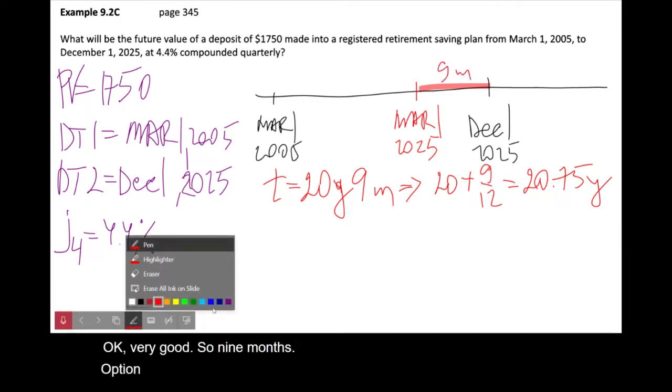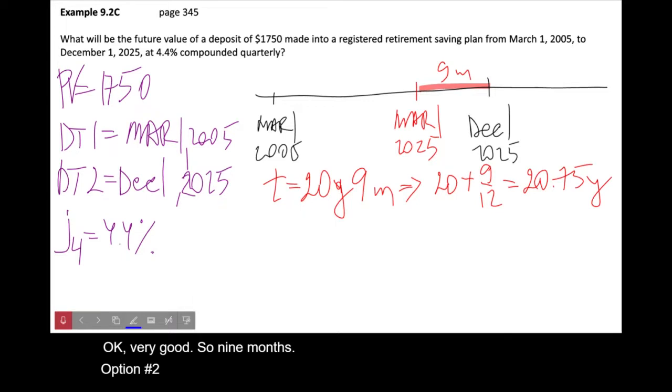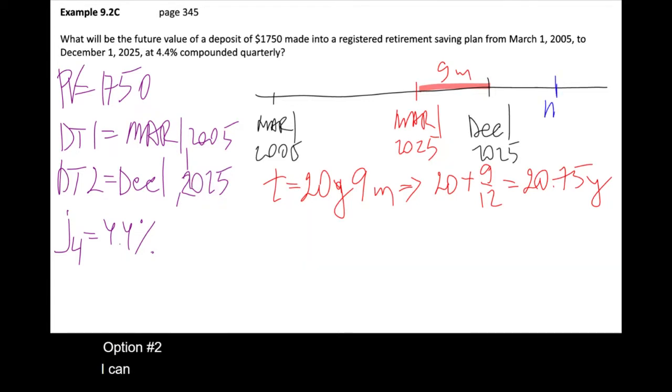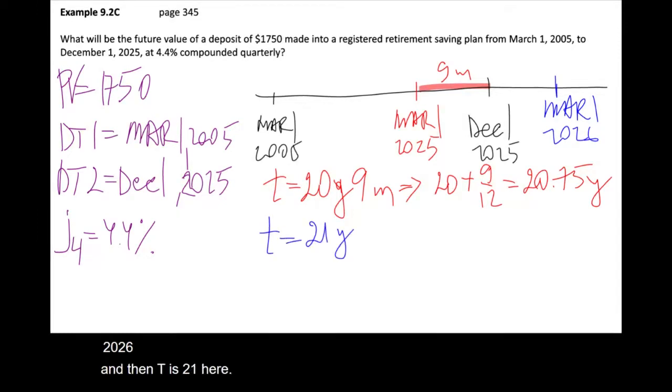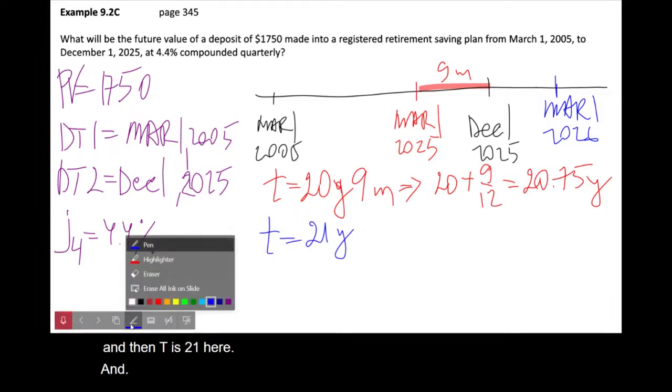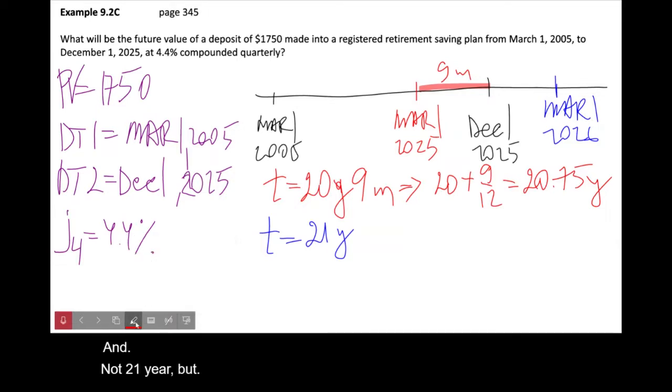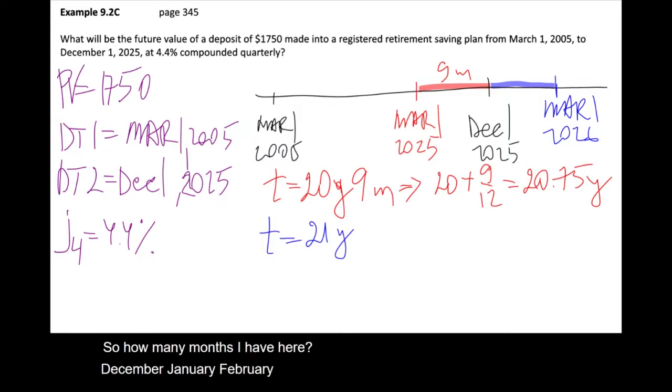Option number 2, I can overshoot the account till March 1, 2026, and then T is 21 years, minus the months from December to March. December, January, February, March, 3 months, right?